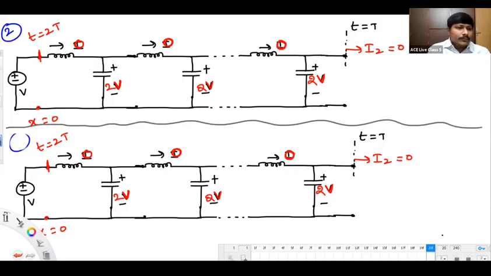Propagation number 3. All of you, check what I am saying. What is the voltage at this place? At what time are we standing? At time 2T. What is the voltage here? V, right? Voltage is V.